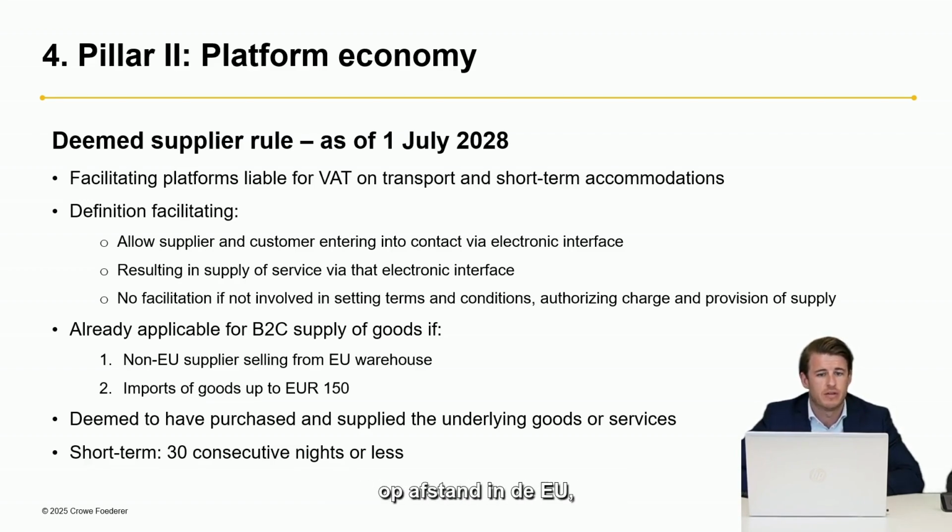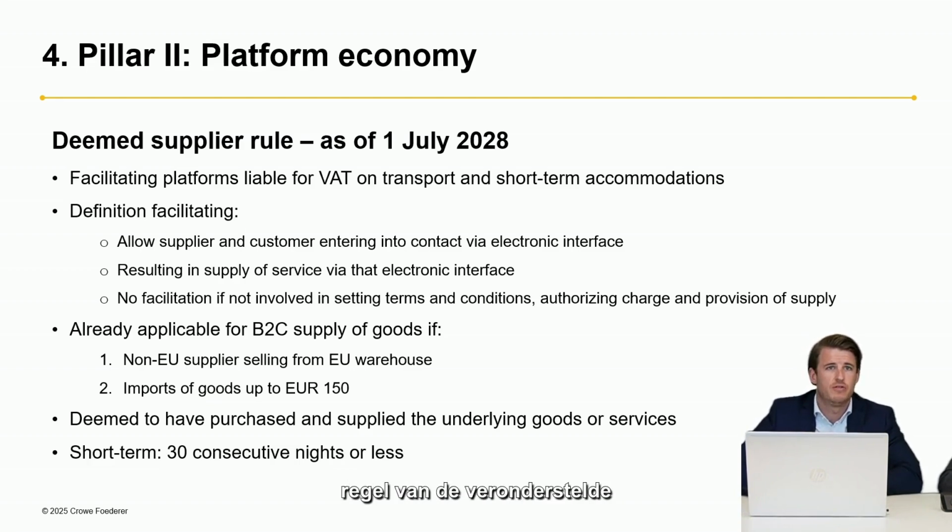So that is the distance sales in the EU. And the other situation is platforms facilitating the supply of goods with an intrinsic value not more than 150 euros from outside the EU to EU consumers. In these two situations, the deemed supply rule is already applicable.